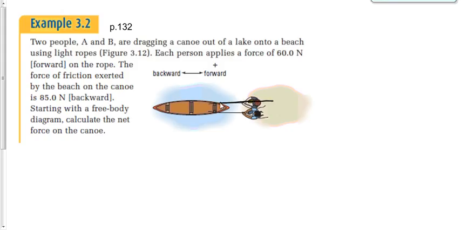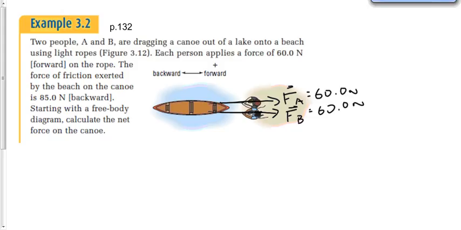We do know that we have an applied force, we'll call it FA, of 60 newtons forward. We know that we have an applied force FB of 60 newtons forward, or you could call those F1 and F2, Fx and Fy. We have a force of friction that acts backwards, and it's 85 newtons.